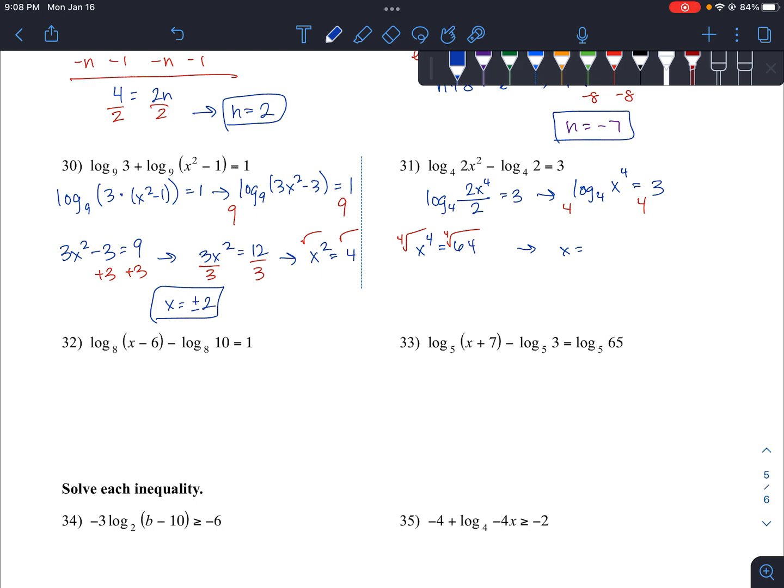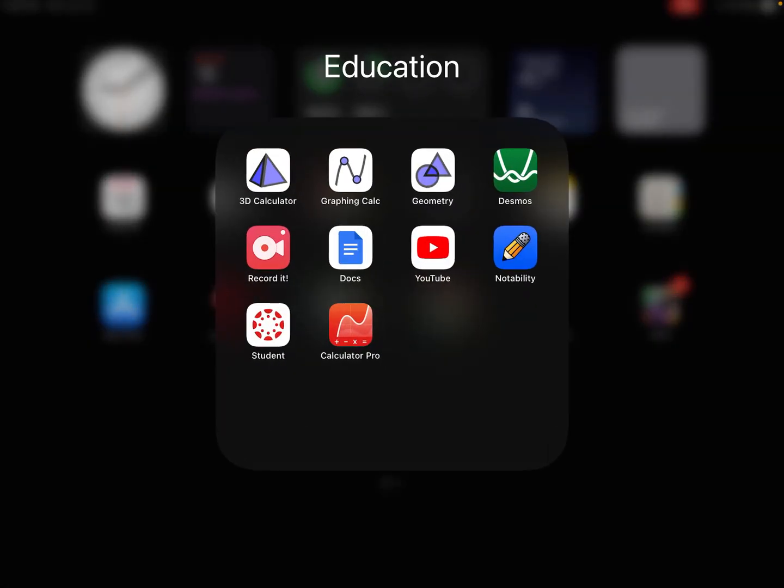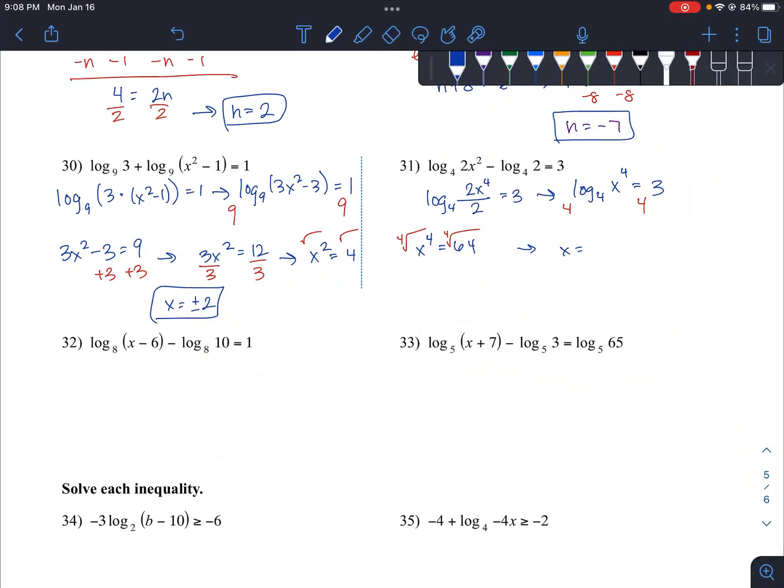Let me just show you really quickly here. 64 raised to the 1 divided by 4, and you get 2.828. And I guess you could also say plus or minus, since 4th roots give positive and negative. So that should be good right there.